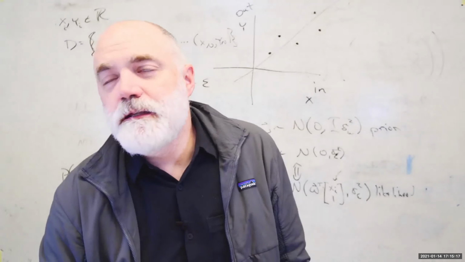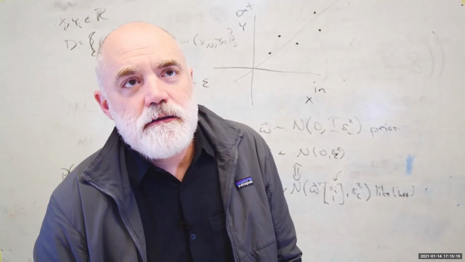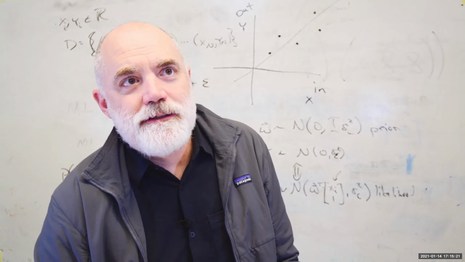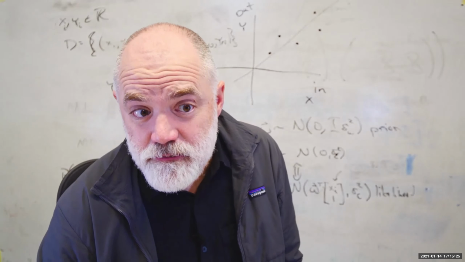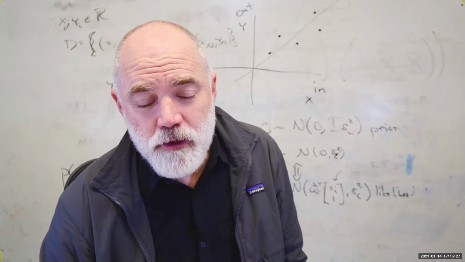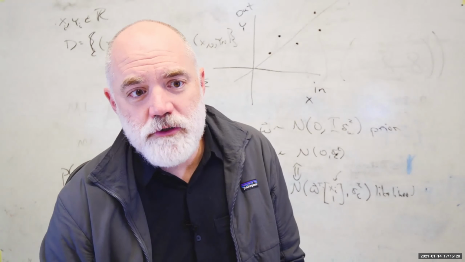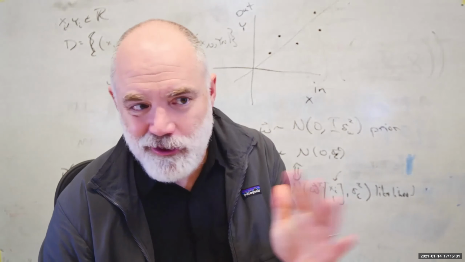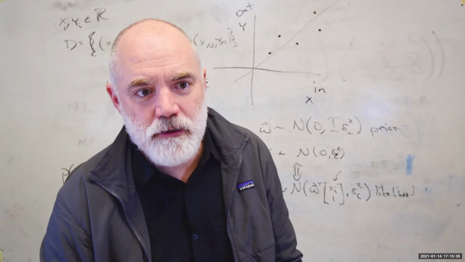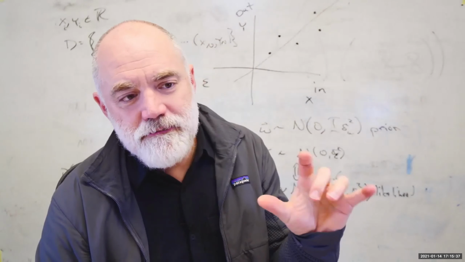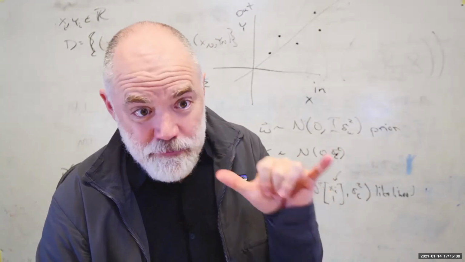Yeah, so there are diagnostics that you could look at when you're doing inference that would be suggestive of some things. For instance, when we run Markov chain Monte Carlo chains, which we haven't talked about yet, so it's not fair, but I think you probably know what I'm talking about.